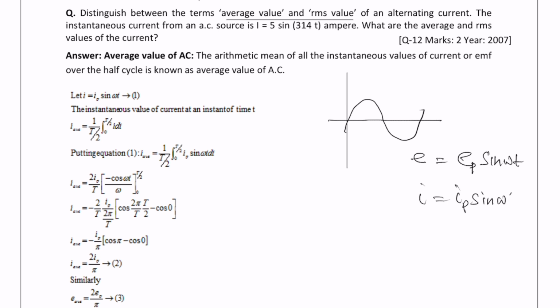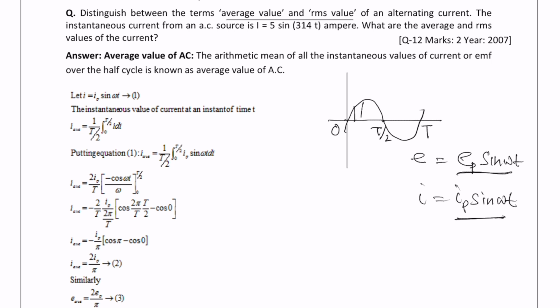Okay. Now, since it is an alternating current, alternating EMF, it is continuously changing, from 0 to T by 2, and then T by 2 to T. Now, if we want to represent the average current flowing, we take the sum from 0 to T by 2.